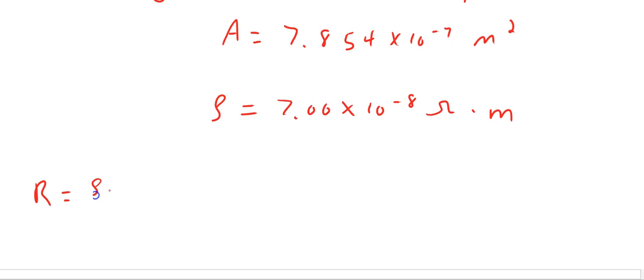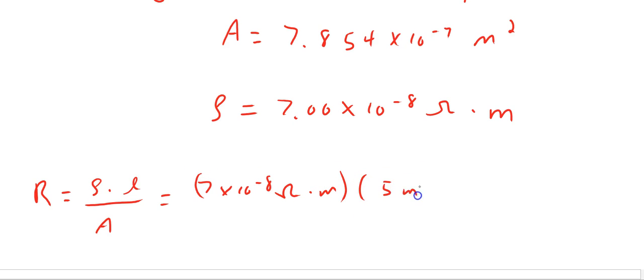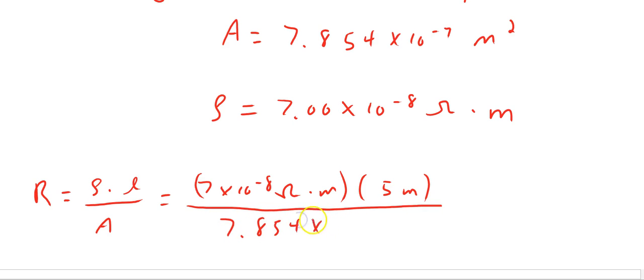Resistance equals rho times length divided by area. And we have 7 times 10 to the negative 8 ohms times meters, multiplied by the length, which was given as 5 meters, and divided by the area we just calculated, 7.854 times 10 to the negative 7 meters squared.